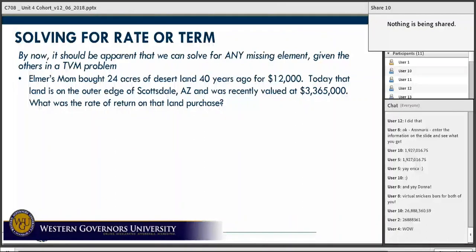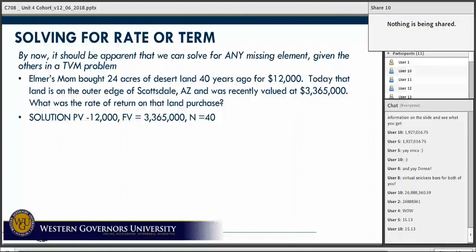Well, in order to solve that, we know we want to solve for I/Y. So we know the present value, what she invested, was 12,000. The future value, it grew to 3.365 million, and it took 40 years. So what's the rate of return on that? What's solving for I/Y? I'll give folks a few seconds, but otherwise I'll just put it up just to illustrate.